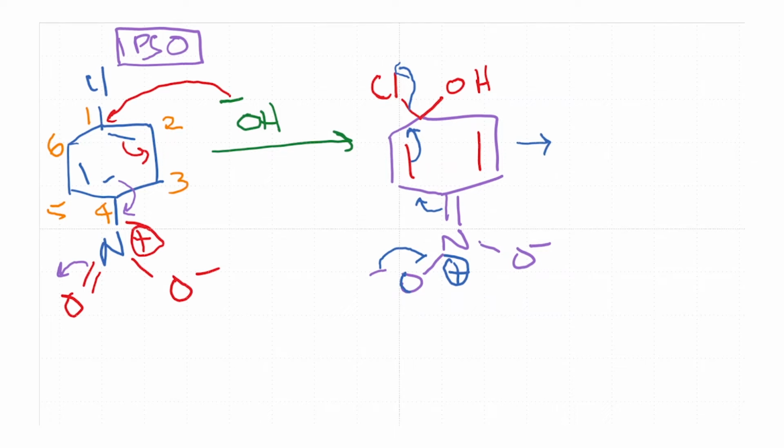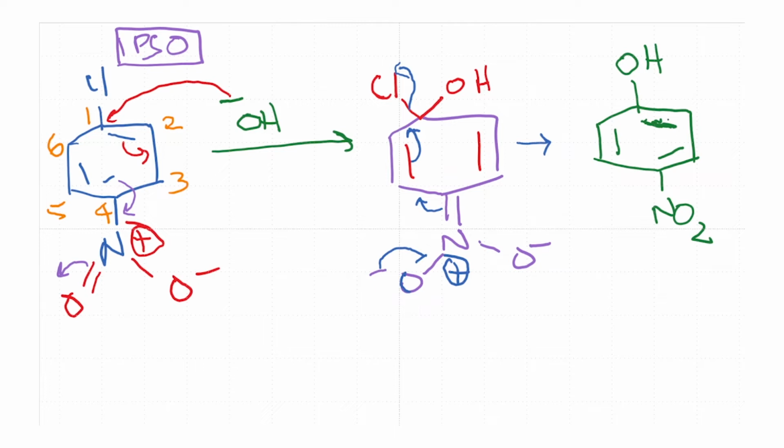So therefore, the product that is formed is basically the substituted product. So you have NO2 back here, and 4-hydroxynitrophenol.